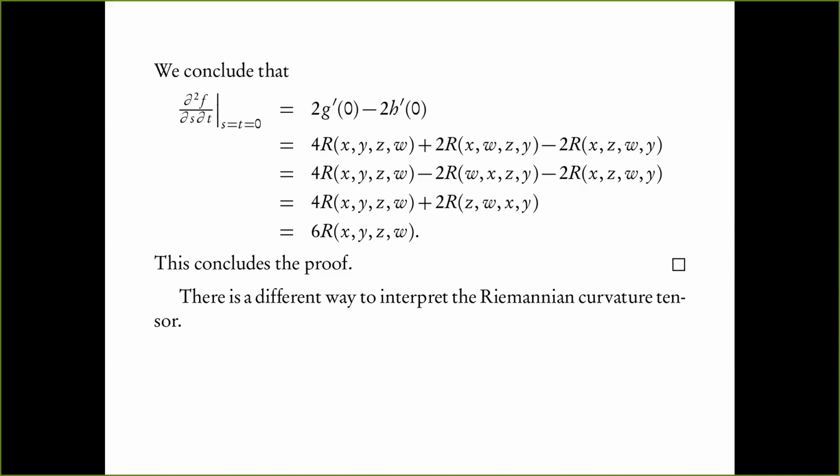So when you say I can determine something from something, this is the usual sequence of logic, right? You're saying the Riemann curvature tensor, up to a factor of 6, is recoverable from the sectional curvatures by constructing this function and calculating this particular derivative. You can take other derivatives as well, and that will probably give you some other terms, but we don't need it for the statement. Does that make sense?